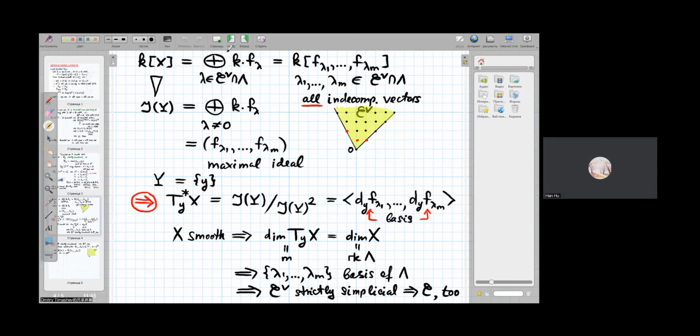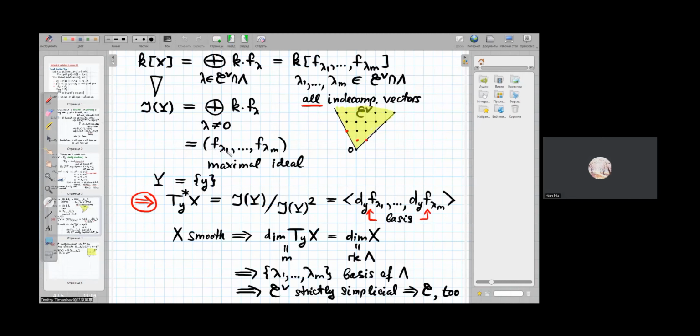So I want to ask, when do we have that the vanishing ideal of Y is equal to this maximal ideal? I mean, Y should correspond to the largest G-invariant ideal inside the coordinate ring.